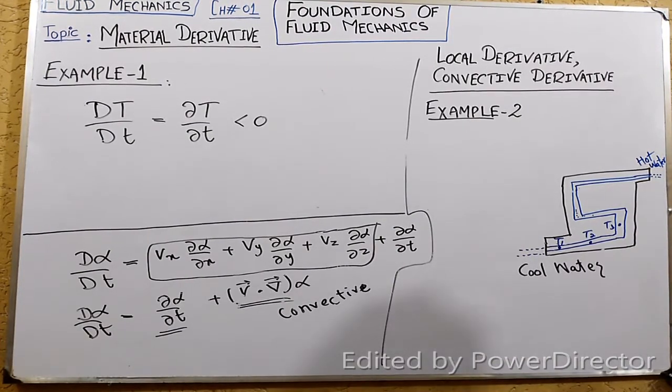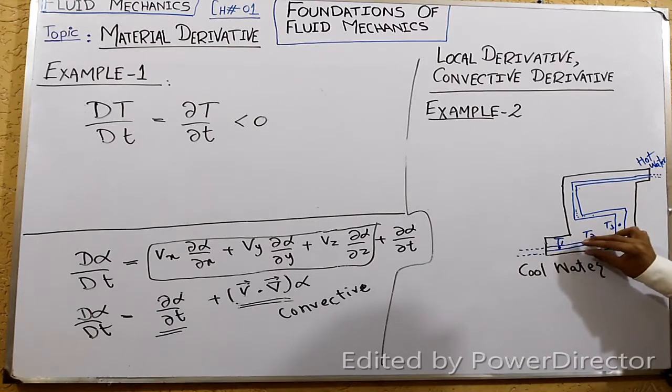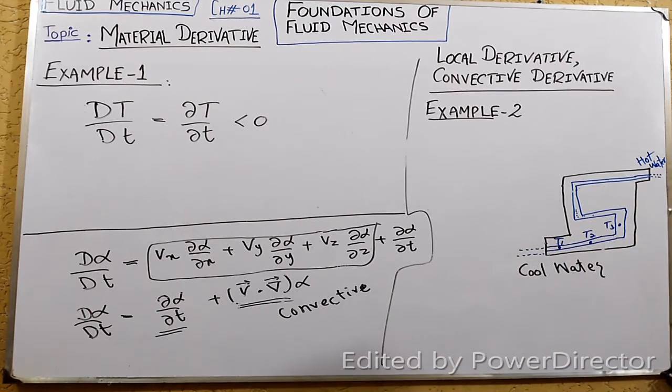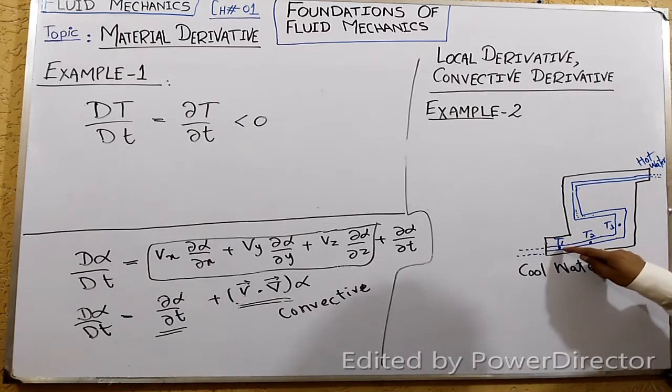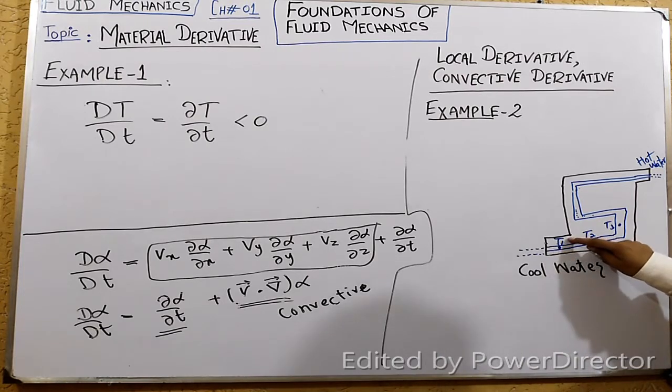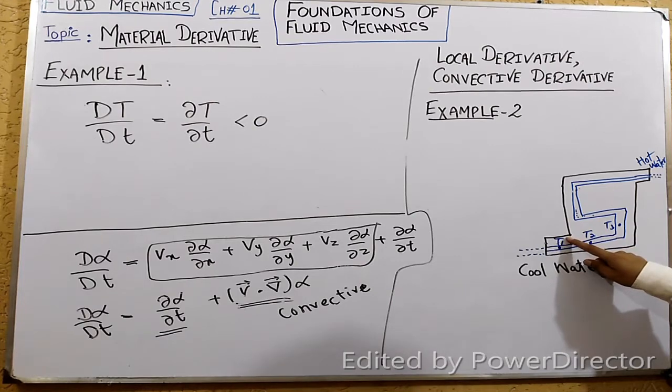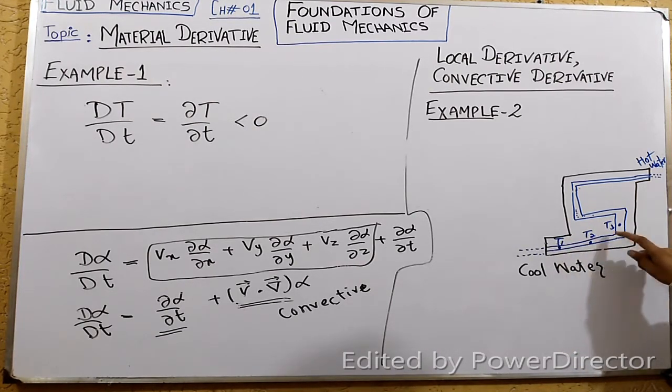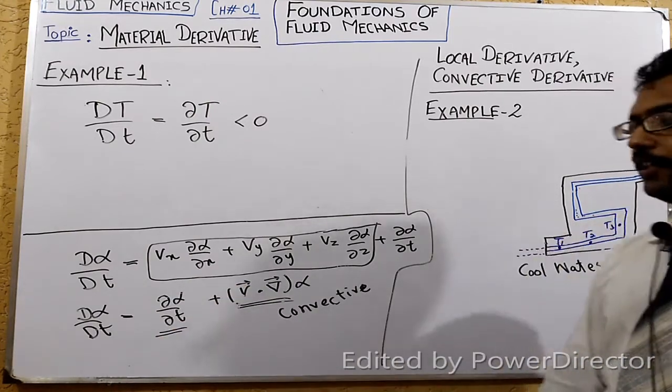In the second example, consider the flow of water through a water heater. Suppose that at this point within the heater, the temperature is T1 and it does not depend on time t. That is, for all time this temperature remains fixed, and the same is the case for all of the other points within the heater. Now note that the flow is independent of time t, therefore the local derivative of the temperature will vanish.